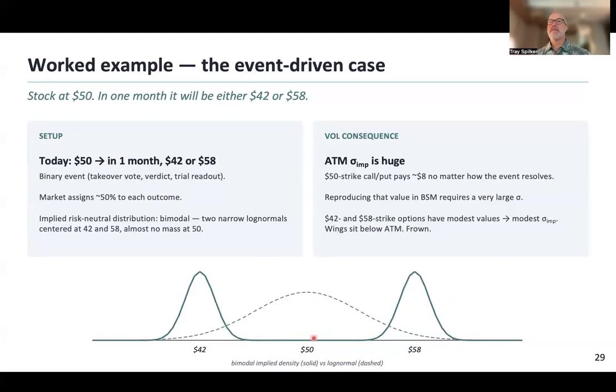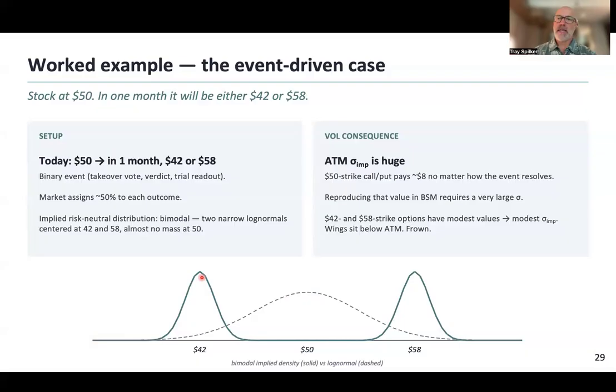Now, think about the implied volatility of an option that's struck at $50. That option pays off whichever way the event resolves. A $50 strike call is worth $8 if it goes to 58, or, right, a $50 strike put is worth $8 if it goes to 42. Either way, the option has a guaranteed $8 of value, right?